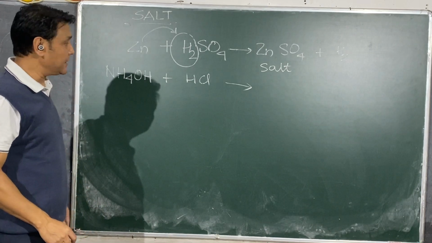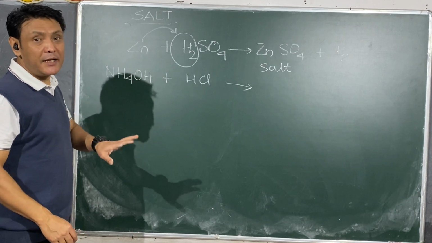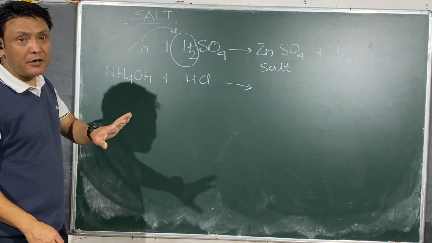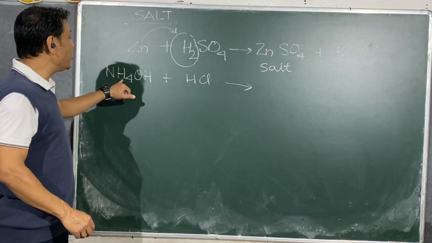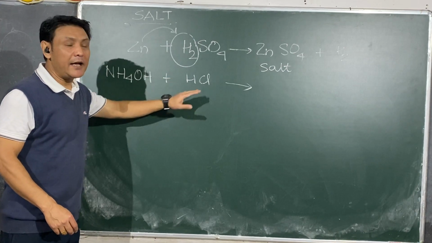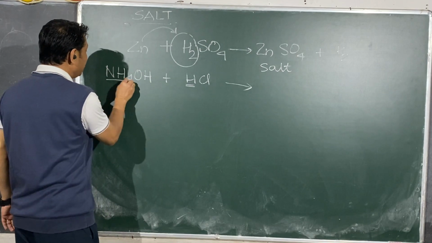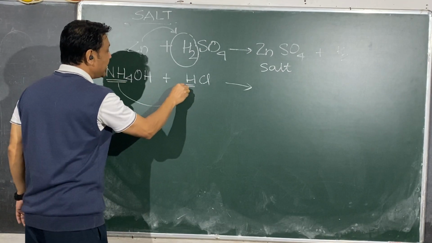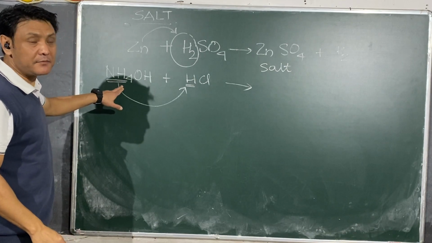Okay, next we talk about ammonium hydroxide. It's a base. Ammonium hydroxide is a base. A base is the oxide or hydroxide of metal or ammonium. So ammonium hydroxide plus hydrochloric acid. The hydrogen of the acid is replaced by ammonium, in this case, a positive radical, NH4 plus.